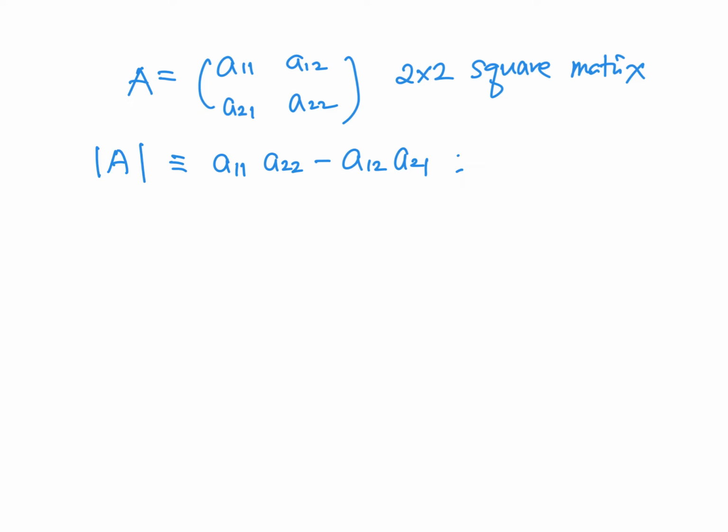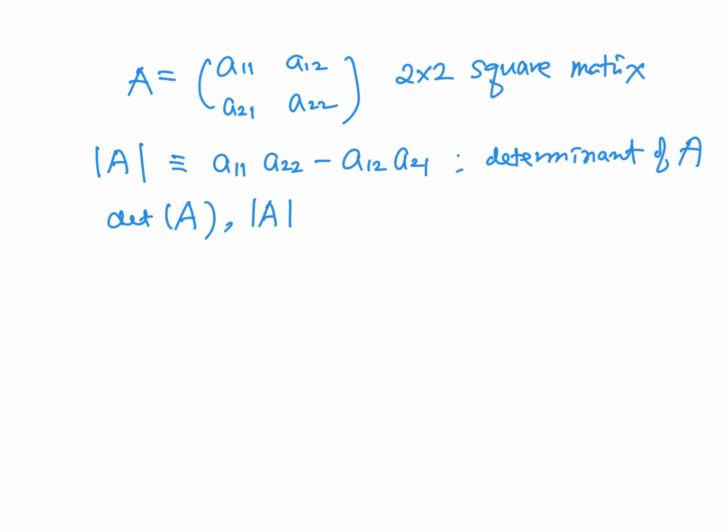So we call this particular quantity as a determinant of A. So sometimes we call determinant of A, or A. So there are two ways of writing determinant.